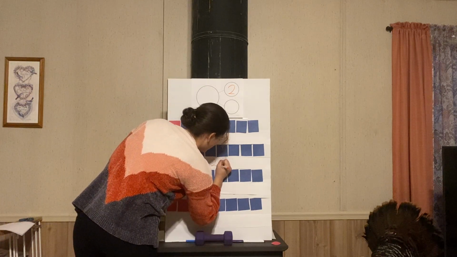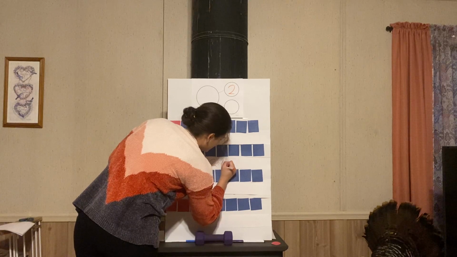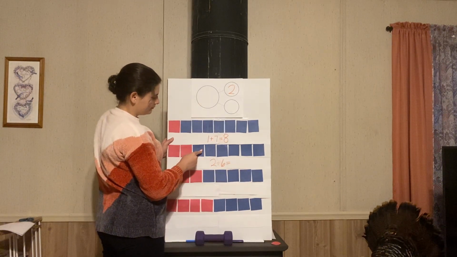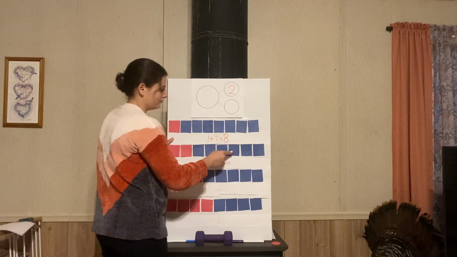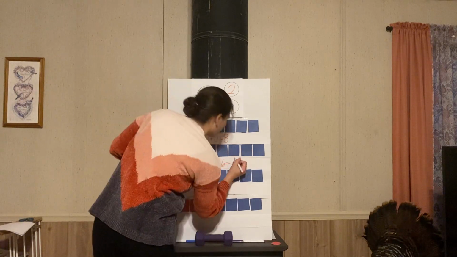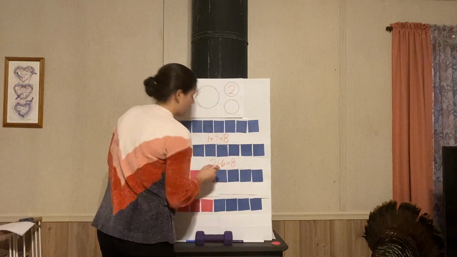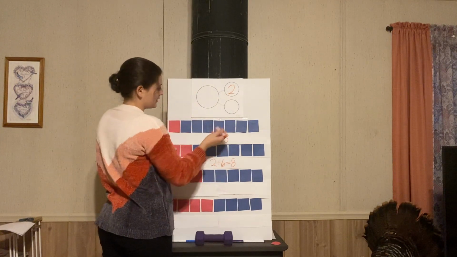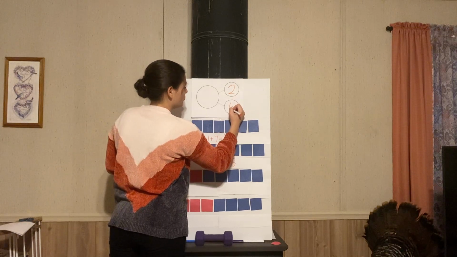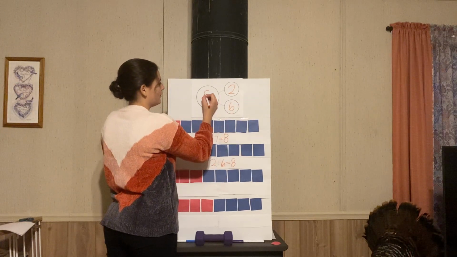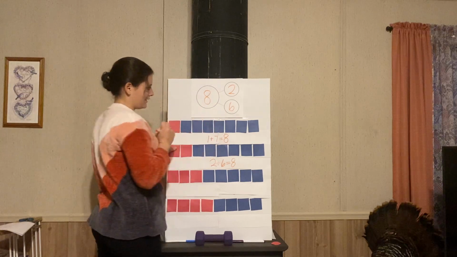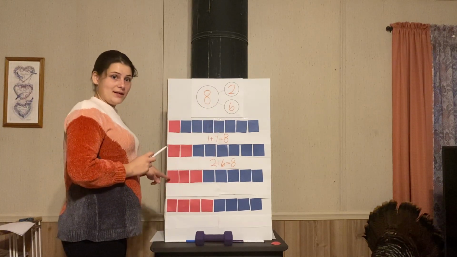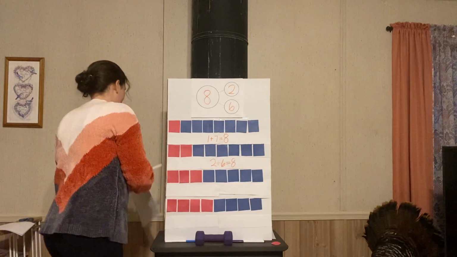So 2 plus 6 equals, let's count. 1, 2, 3, 4, 5, 6, 7, 8. So if we have 2 red blocks plus 6 blue blocks, we have 8 blocks altogether. But look, we have another way down here to make the number 8. So let's go down to that one and see what we have.